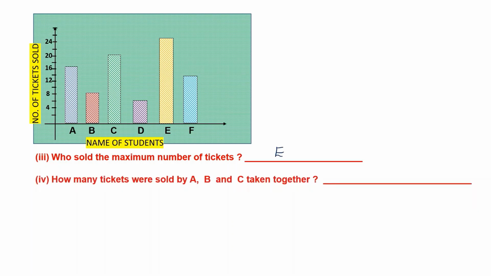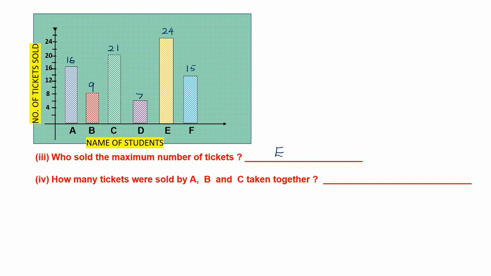Next question. How many tickets were sold by A, B and C taken together? So A has sold, we said, 16. So let's write the numbers on top so it becomes easier for us. B sold 9, C sold 21, D is 7, E is 24 and F is 15.